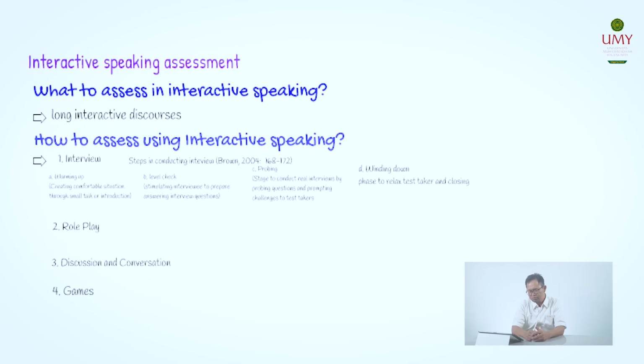Probing is the stage where you are really asking questions, trying to dig into your student's understanding and to see whether the speaking skill has been shown by your student or not. And the last one is winding down, the closing. You close the interview by winding down.